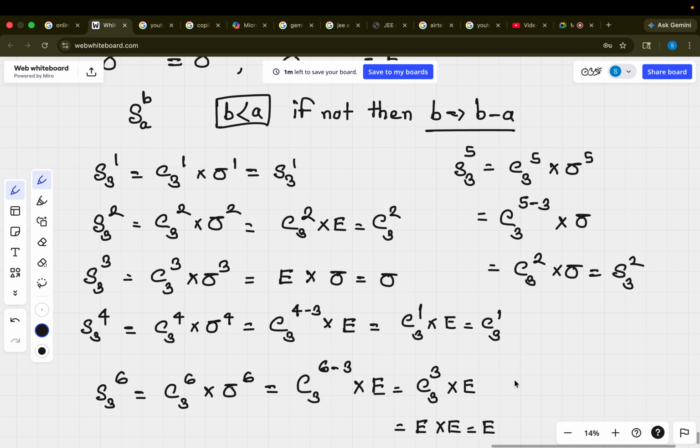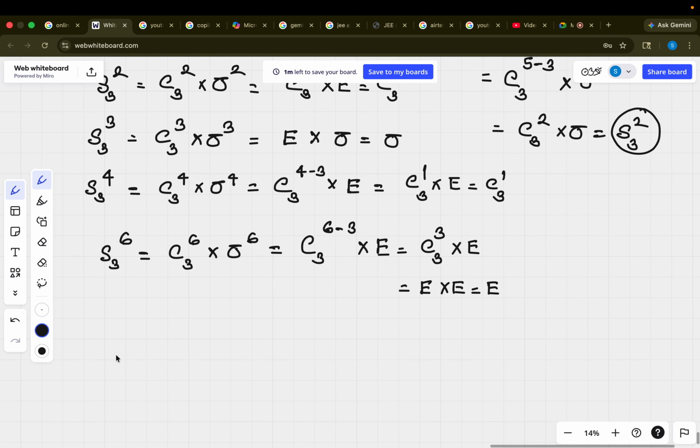So in this S3, if I write down S3 1 to S3 6, how much are you getting? Number of operations: S3 1, and here you are getting S3 2. So you can write down here that the number of operations in S3 is equal to 2.